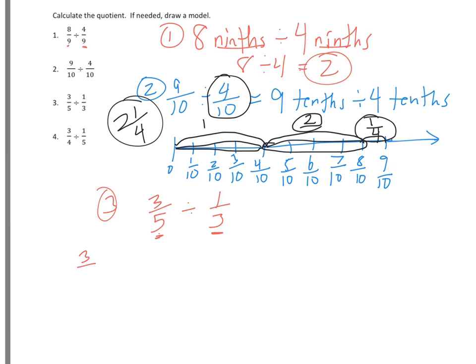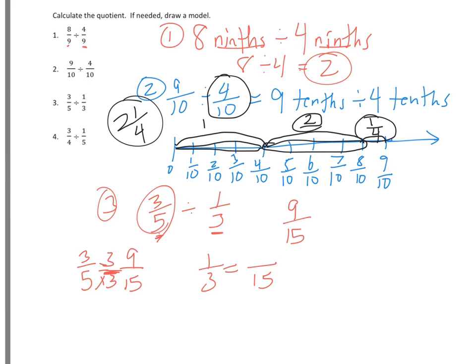So my first thing is I'm going to change these. So 5 times 3 will get me 15. And what I do to the bottom, I have to do to the top because it's 3 out of 3 or 1 whole. So 3 times 3 is 9. So there's one of the new fractions.